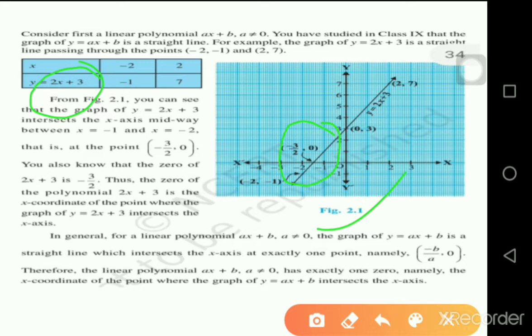And here, as you learned, minus 3 by 2 is the x coordinate and 0 is the y coordinate.